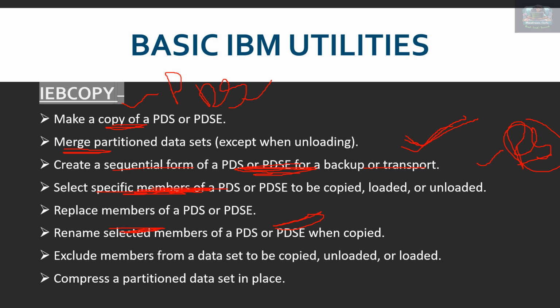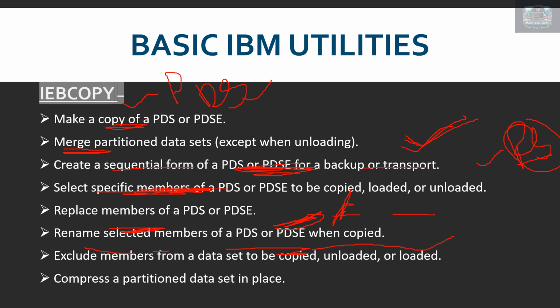You can also rename while copying, which means while your member is going from one PDS to another PDS, you can rename the member in the new file as you want.